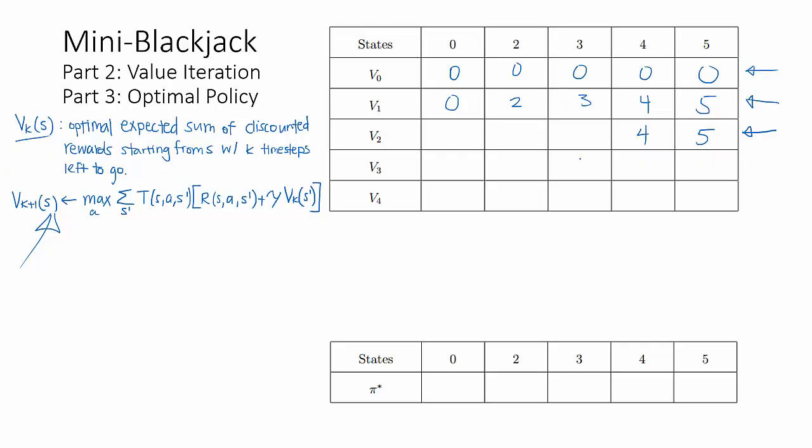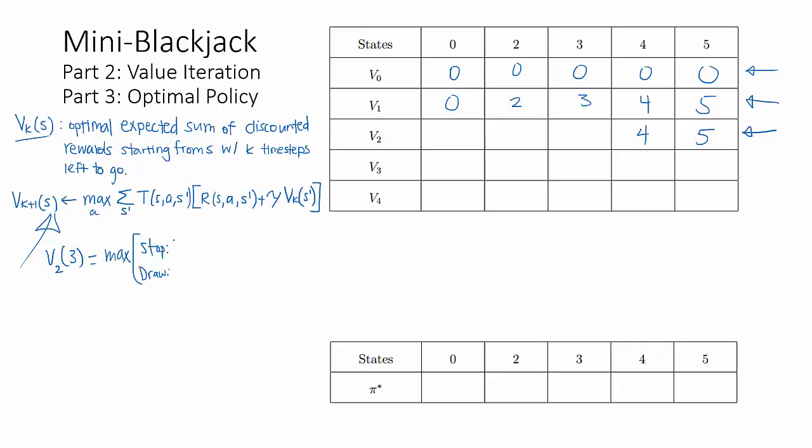Alright, now we get to state 3. Here maybe it's not too intuitive whether we should stop or draw, and so let's pull out the value iteration equation. The value at state 3 with 2 time steps left to go is going to be a max over 2 different values corresponding to the stop action and the draw action.